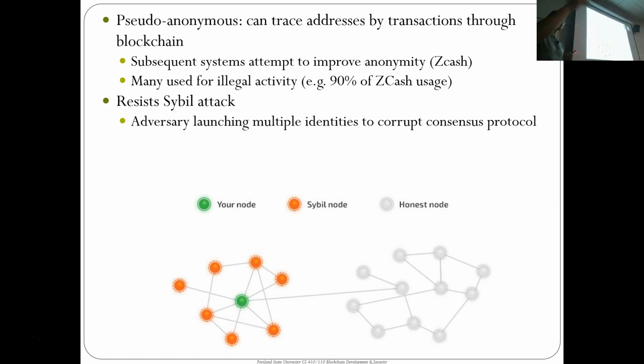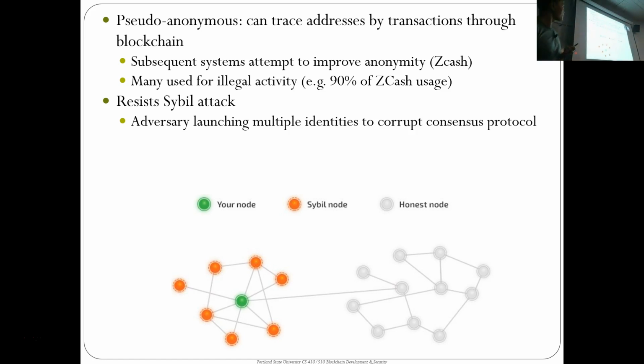We talked about BFT protocols where you need at least 2/3 to be good, non-malicious. Well, here you force an adversary to gather a whole bunch of mining resources or to break public key cryptography in order to subvert the system.